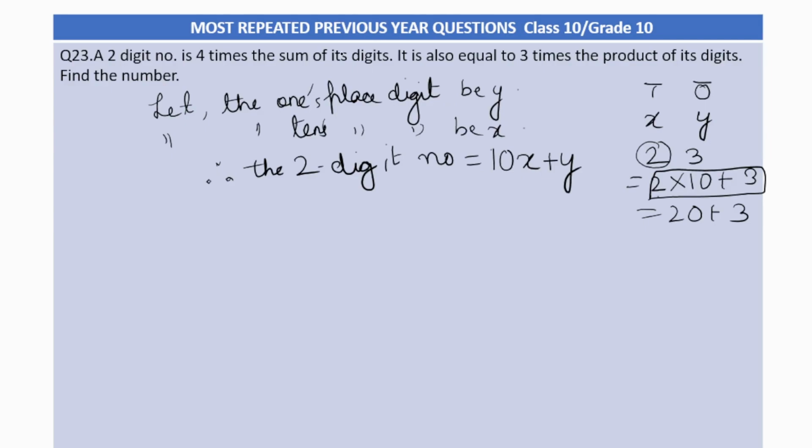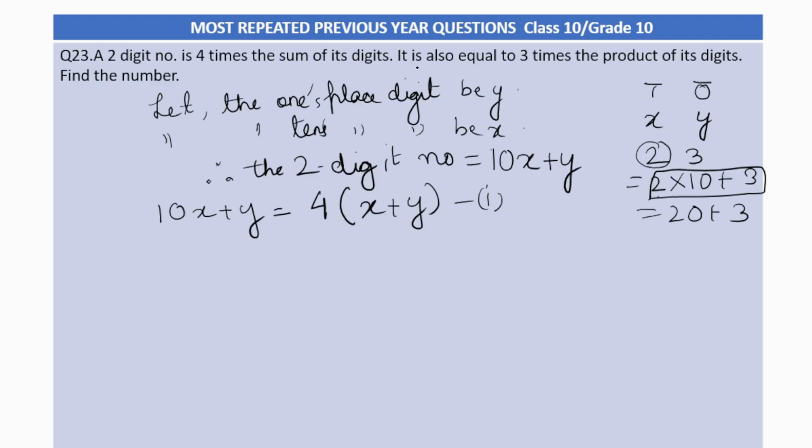Now what is this 10x plus y? It is 4 times the sum of its digits. So we have to equate the number 10x plus y with 4 times the sum of its digits. The sum of x and y will be x plus y. So this is the first equation. We have to solve this.